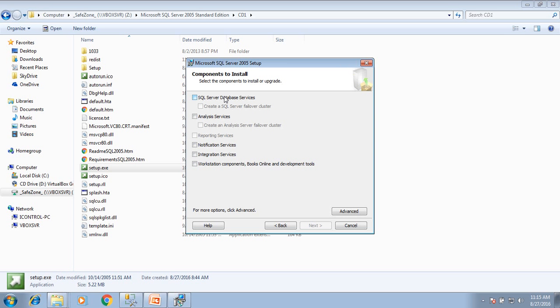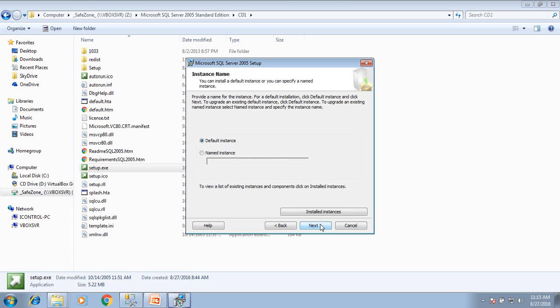Other services like Analysis and Notification are common components of SQL Server, so you don't have to install them because you already installed them in the first installation. Click SQL Server Database Service. Click Next. Now, instead of the default instance, you could name it, for example, Cebu Server. Click Next.